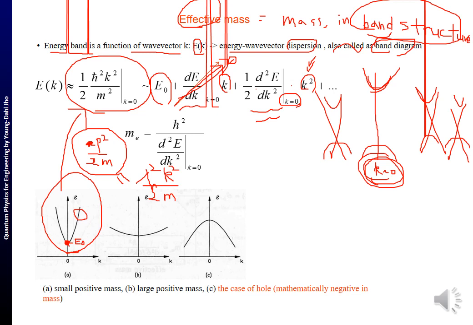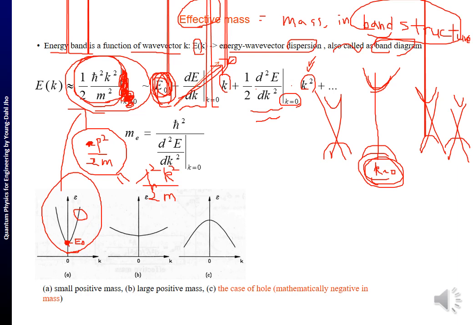So let's ignore this part for now. This is the kinetic energy term, and there could be some potential energy term. Let's ignore this part. The minimum energy term, we ignore this part, and the others are set to be the same.